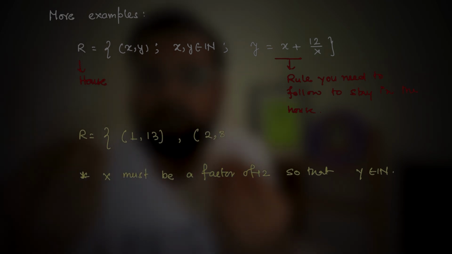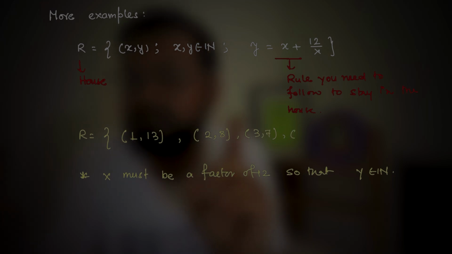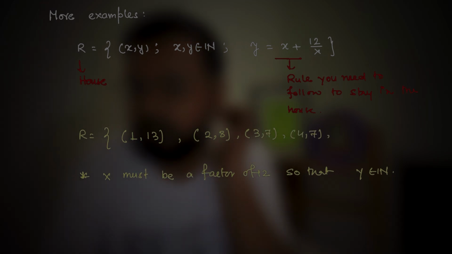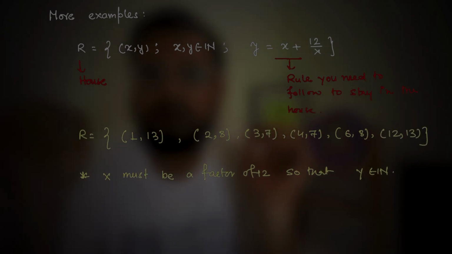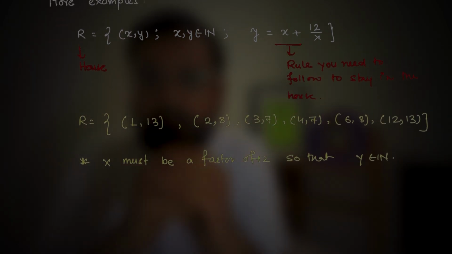If you take x equal to 2, you get 8 as the value of y, and so on and so forth. Okay, so the relation R will have these ordered pairs written on your screen, which are members of that set. And if I try to represent the relation by an arrow diagram, it will look like this. 1 is connected to 13, 2 is connected to 8, similarly 6 is connected to 8 as well, 12 is also connected to 13, 3 and 4 both are connected to 7.